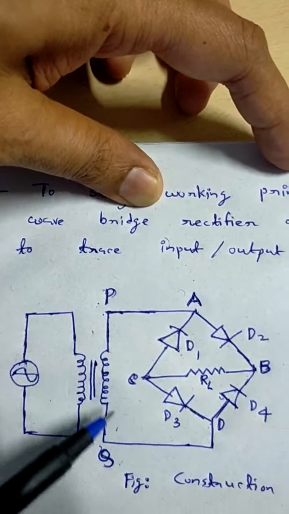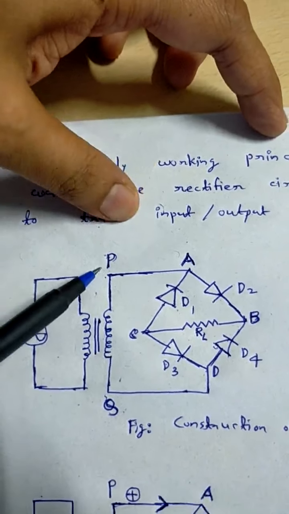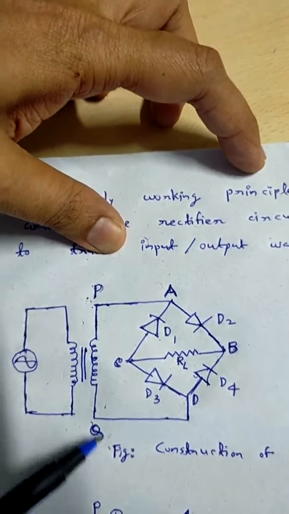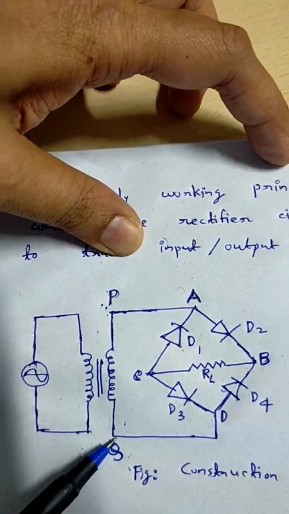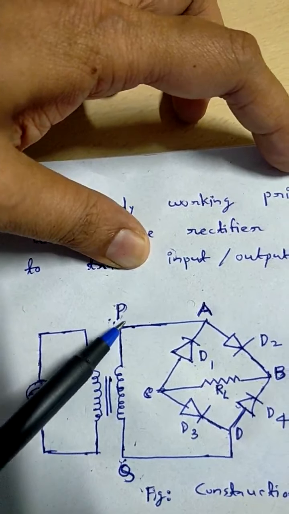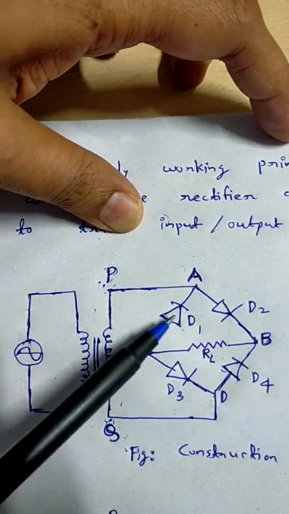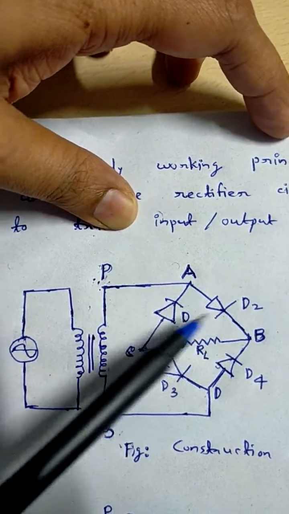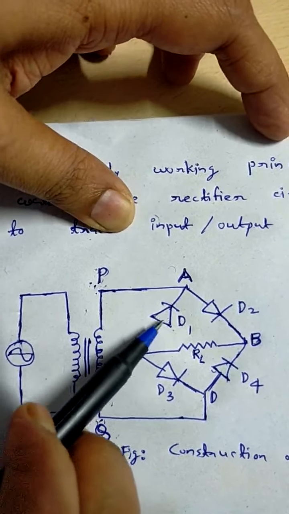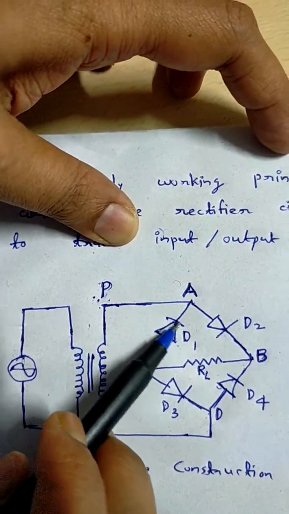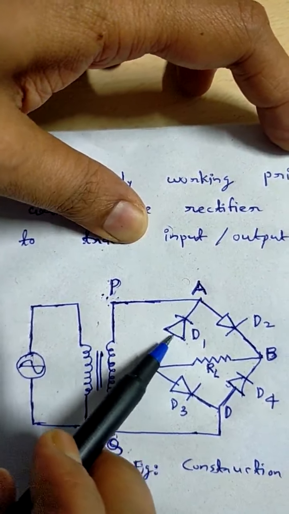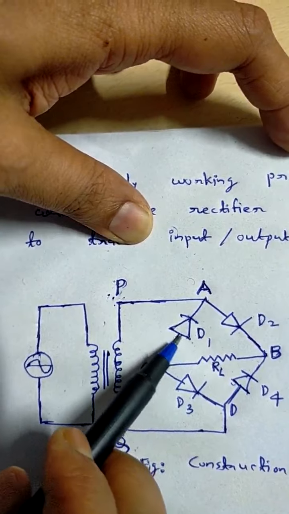So during the positive half cycle, obviously P will be at a higher potential with respect to Q. Whenever this is at a higher potential with respect to this, see, if you see the polarity of the diode, obviously this is the cathode of the diode, that is the negative terminal, and this is the anode of the diode, that is the positive terminal.